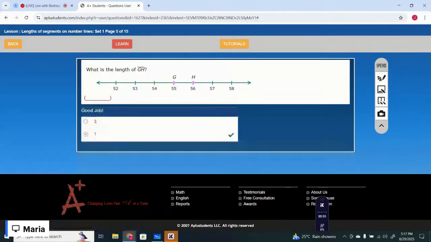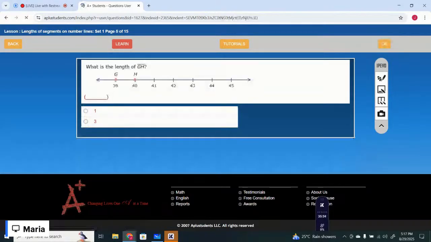Option number 2 is the correct option. What is the length of GH? That is one. Option number one is the correct option.